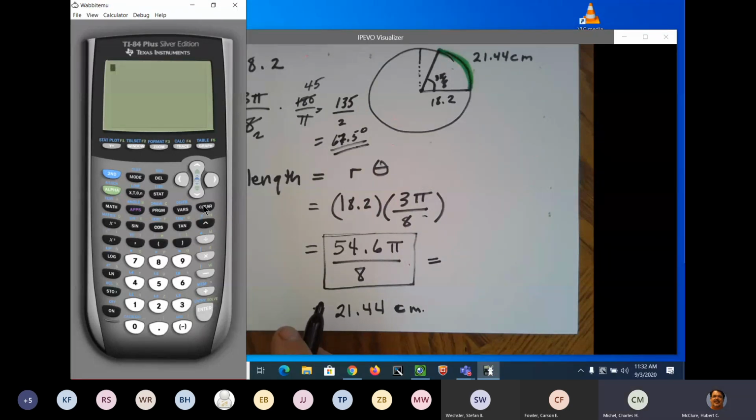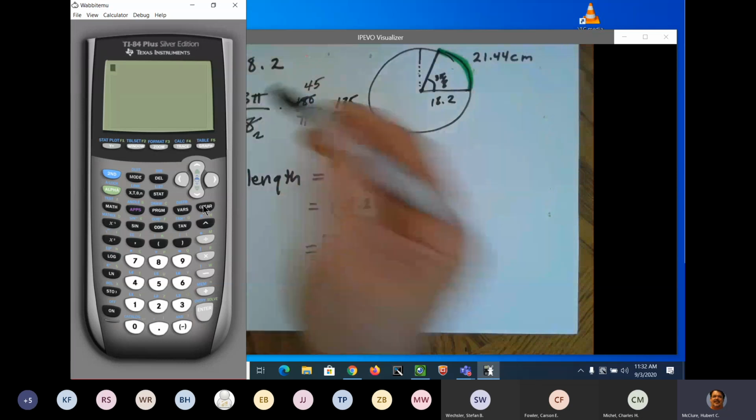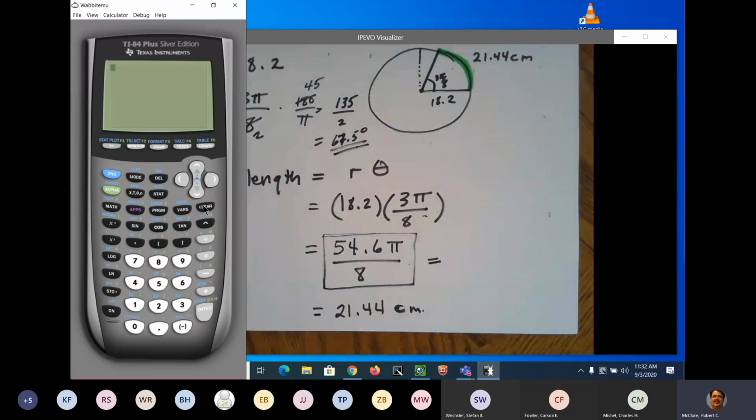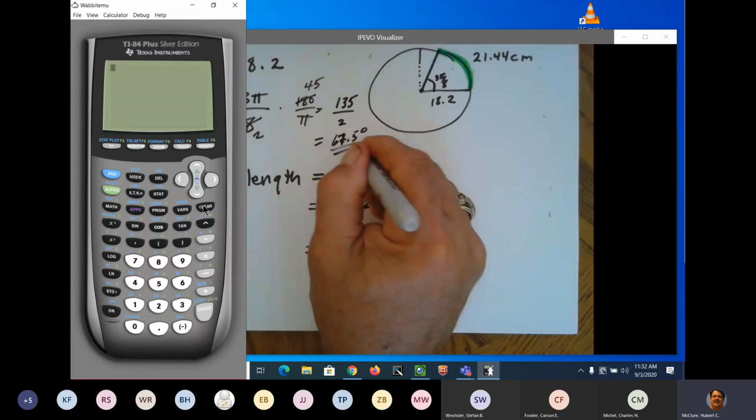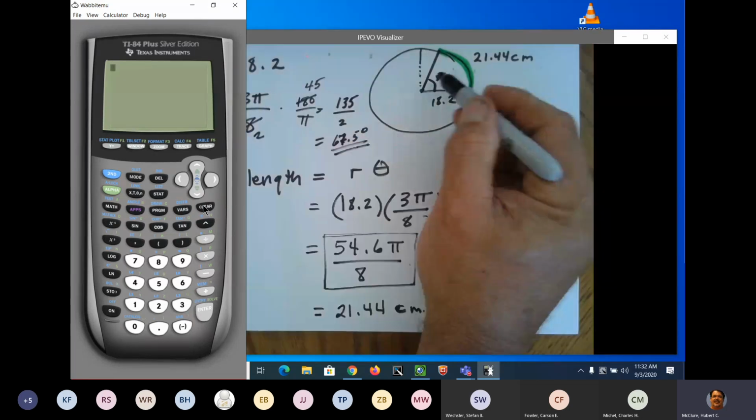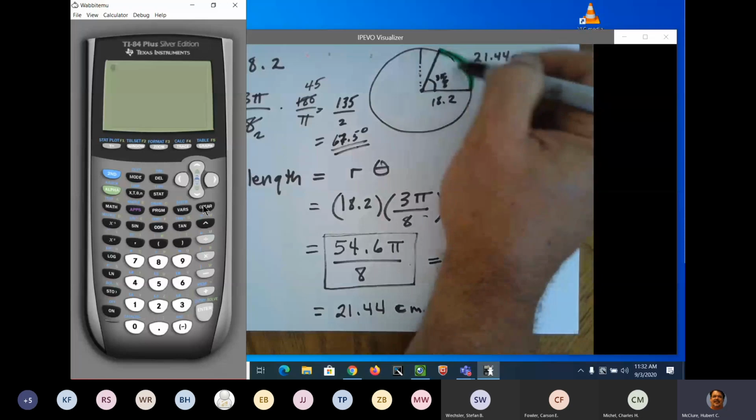No. Nobody does, unless you're really weird. 67.5, that's 3 pi over 8. You don't think in terms of 3 pi over 8. So I turned it into 67.5 so I could see where to draw it to show you what that length looks like.